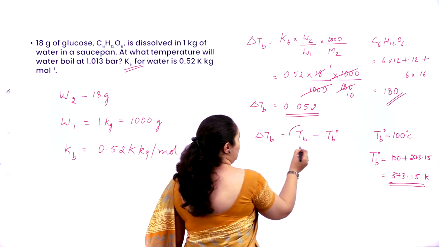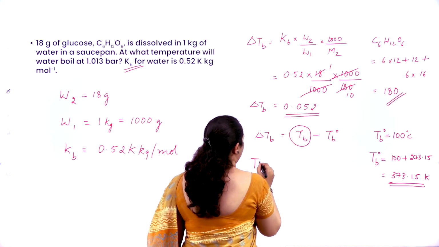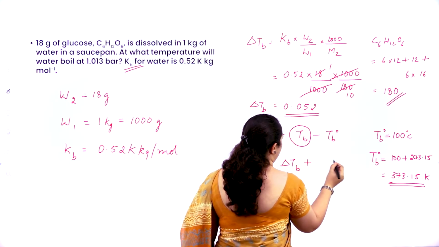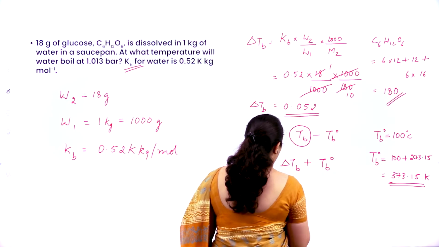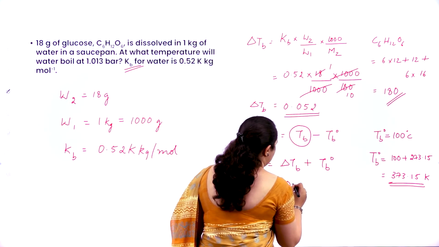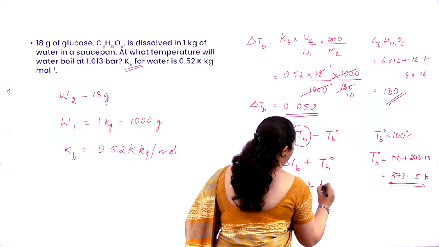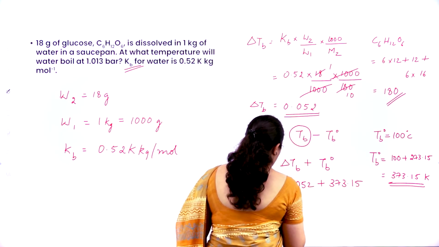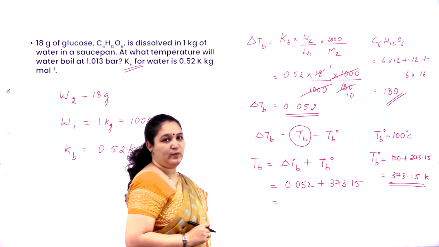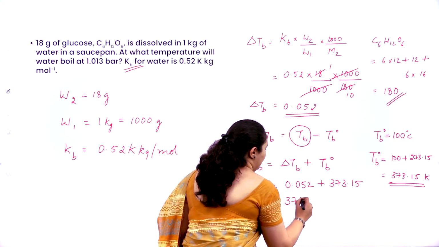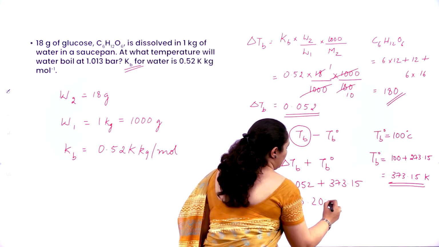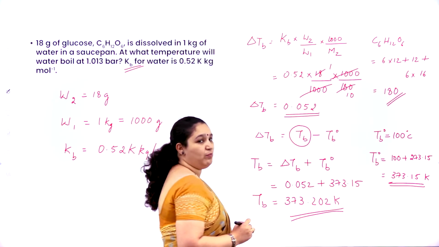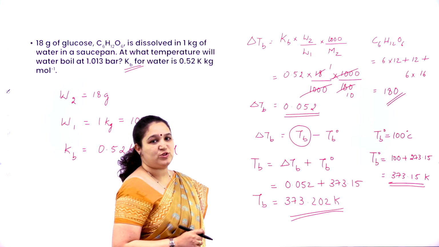So can I find out Tb? Yes, I have to keep Tb on one side. It is delta Tb plus Tb naught. So it will be 0.052 plus 373.15. So the answer will be 373.202 Kelvin. So that is the boiling point of the solution.